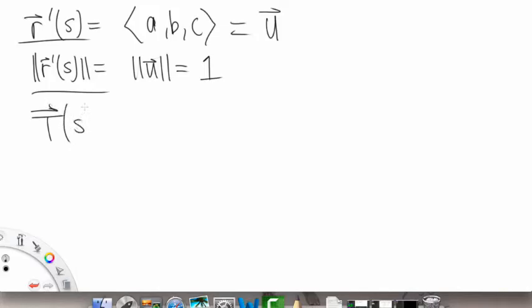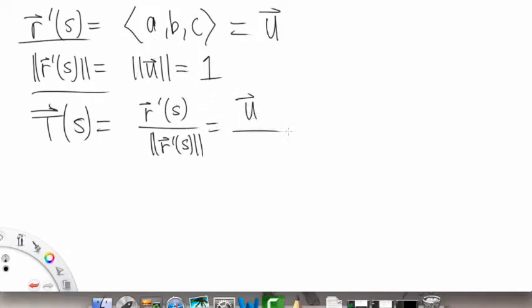So capital T of s now is equal to r prime of s over the magnitude of that r prime of s, okay, for the unit vector. So this is going to equal, r prime of s is equal to u vector, and then the magnitude is equal to 1, simply. So we just have the u vector here. So this is our unit tangent vector with respect to s, our arc length, right?